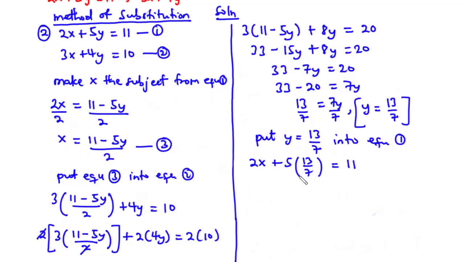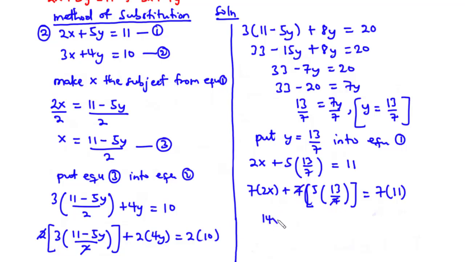So we multiply each of the terms by 7 to do away with the fraction. So we have 7 times 2x plus 7 times 5 times 13 over 7 equals 7 times 11. So this cancels out this.